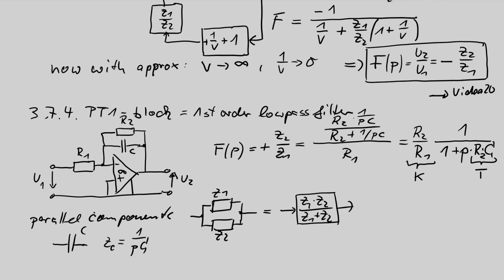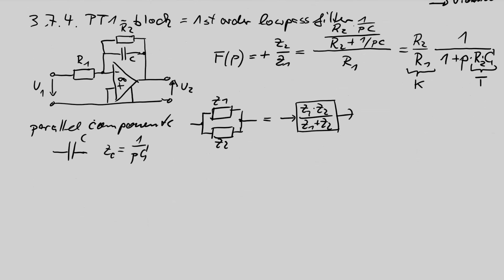That doesn't matter. So we have the general transfer function of a low pass filter, a PT1, which is K divided by 1 plus pT. This is the transfer function of a PT1.